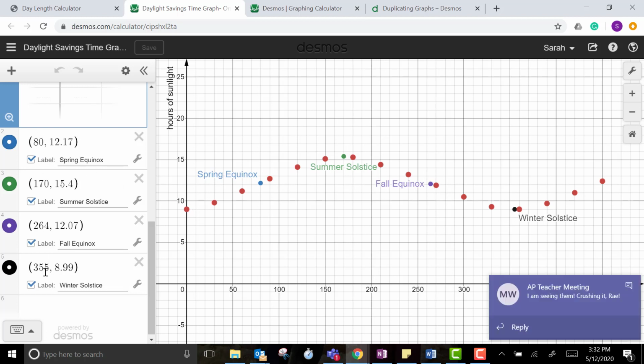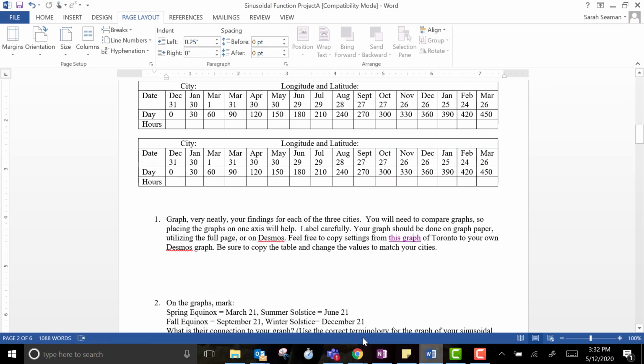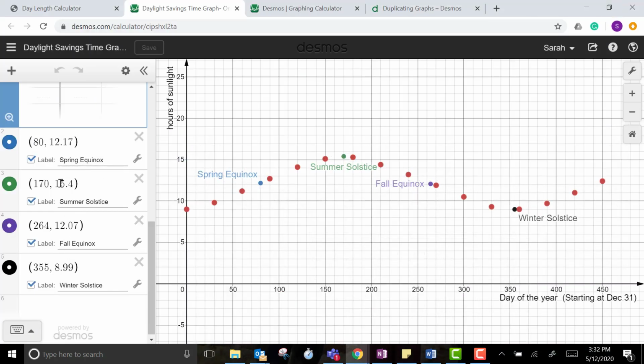These X values will never change, because we know spring equinox always happens on March 21st, and summer solstice always happens on June 21st, September 21st, and December 21st. These output values will change though according to the city that you are calculating for.